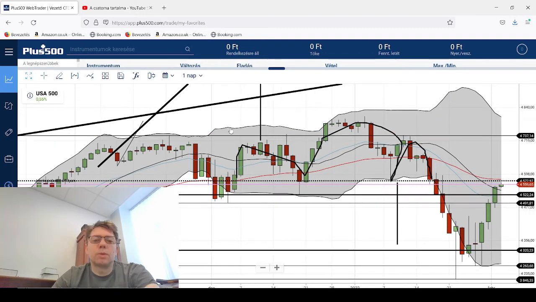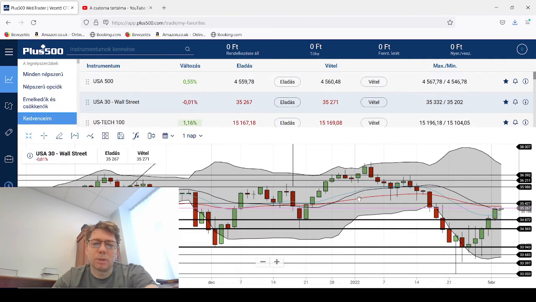Let's go over to Dow Jones. And this is the daily chart on Dow Jones. We hit the 50-day EMA, and of course we have a little bit of pullback. Are we going to spend some time here between the 50 and 20-day EMA?